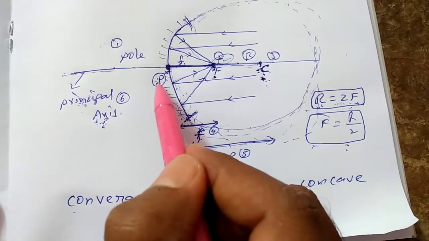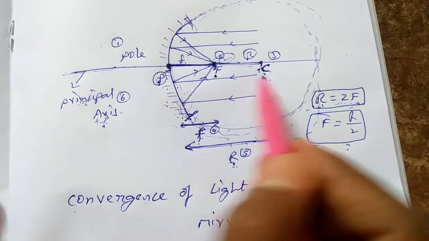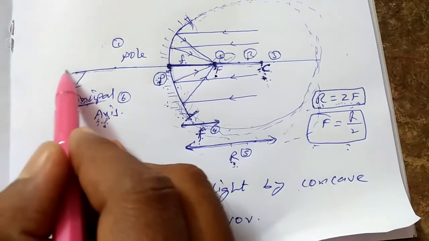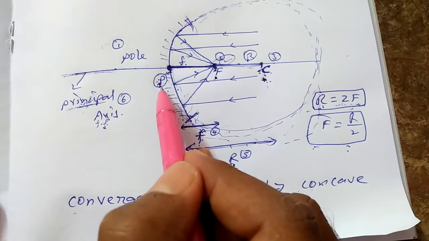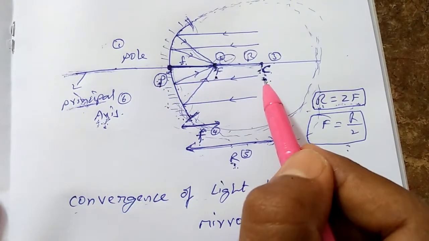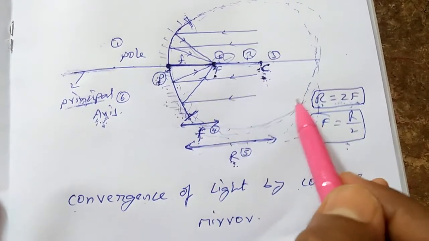Radius of curvature means the distance between pole and center of curvature. And the last one, principal axis. Principal axis means an imaginary line which is passing through the pole and also the center of curvature. So these are the 6 important definitions.